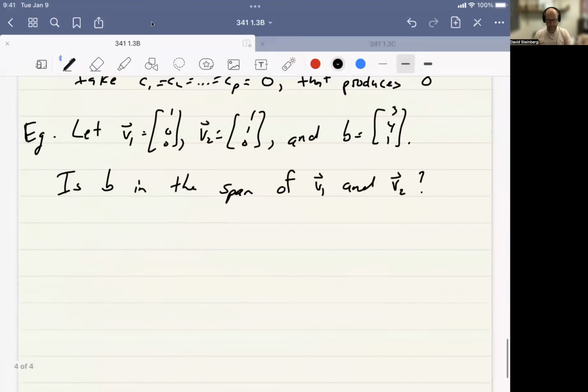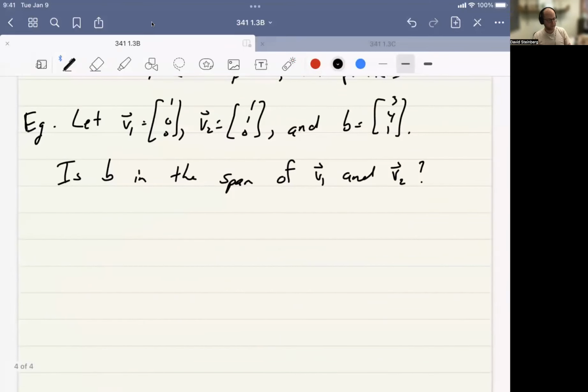Okay. So let's look at a more challenging example. If V1 is 1, 0, 0, V2 is 1, 1, 0, and B is 3, 4, 1, again, we might ask, is B in the span of these two vectors? Or in other words, is B a linear combination of V1 and V2?